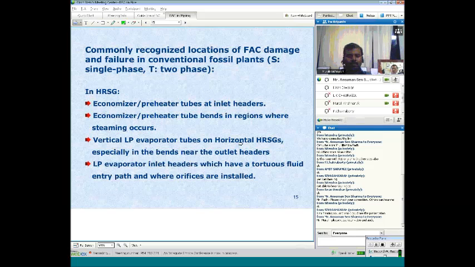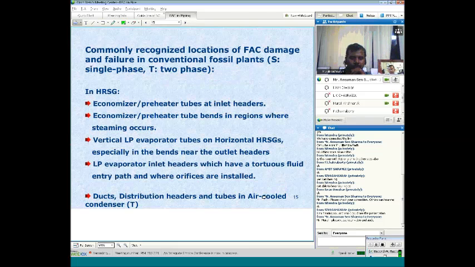The vertical LP evaporators used on horizontal shells are very commonly affected by FAC. Then LP evaporator inlet headers. In HRSGs, the tubes are all very tightly packed, which ultimately results in very short bends between two tubes, right? These are the areas where we get more possibility of FAC occurring.